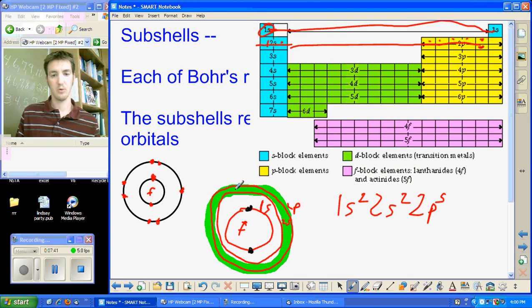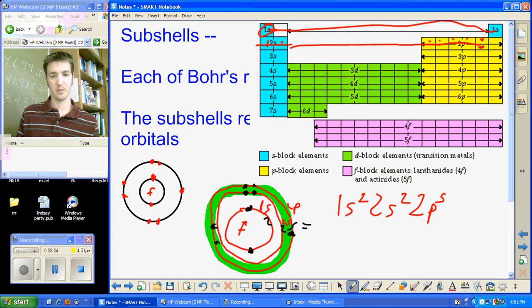So when we draw dots, we would have drawn 2 in the 2S, and then 1, 2, 3, 4, 5. So in total, we have 2 electrons here, 2 electrons here, and 5 electrons here.